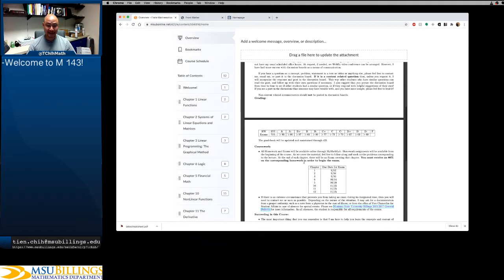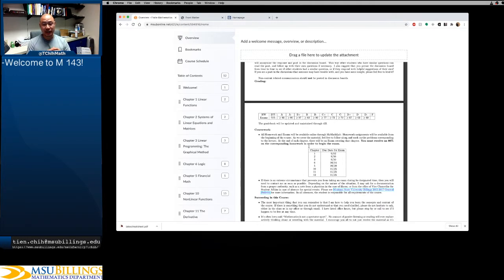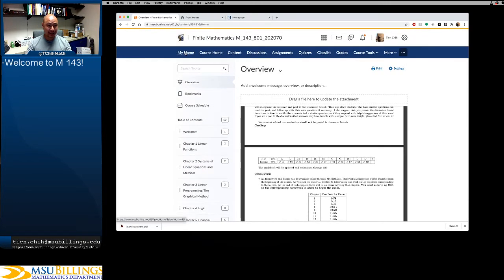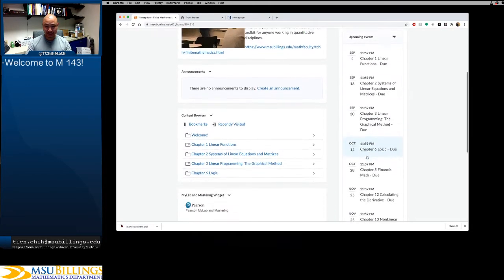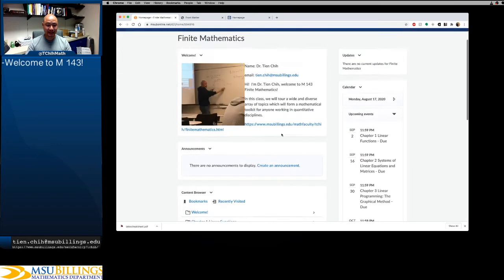All of the homework and exams are available through My Math Lab, and in order to encourage you to understand the material to the best of your ability before taking an exam, you must receive an 80% on a chapter's homework in order to take that chapter's exam. The due dates for the exams are listed here, and if we go back here, we can see it listed on the side here as well.